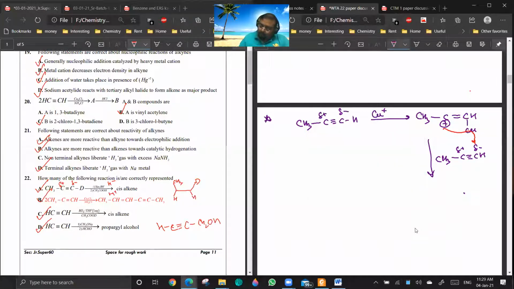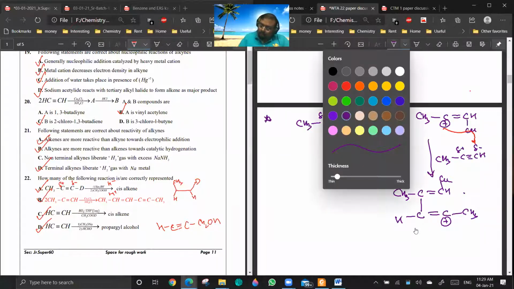You will be getting CH3 C double bond CH, and then CH double bond C CH3 plus. Okay, let us see. Are you getting this one? Yes or no?